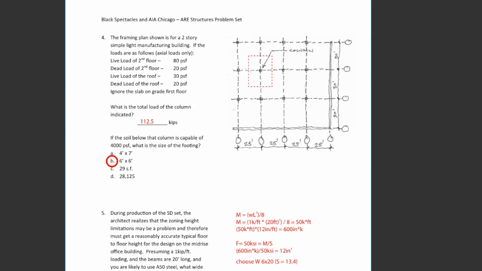On this answer, they chose 6 by 6, which is an interesting answer, because often on the exam there will be more than one correct answer, and in my mind I think the 6 by 6 is a correct answer. It's just not as correct as the 29 square feet answer.